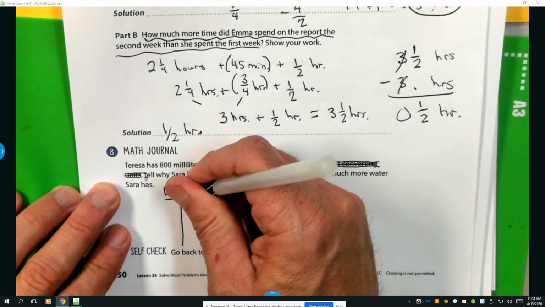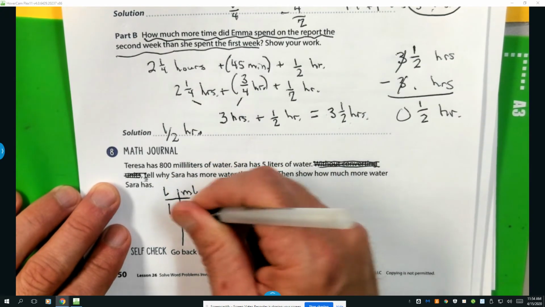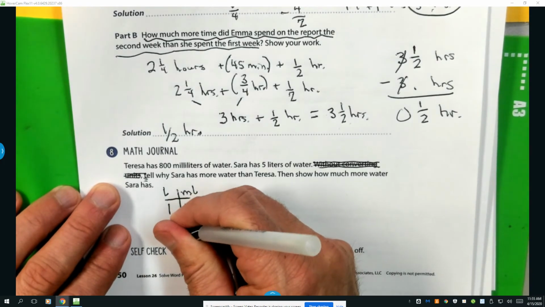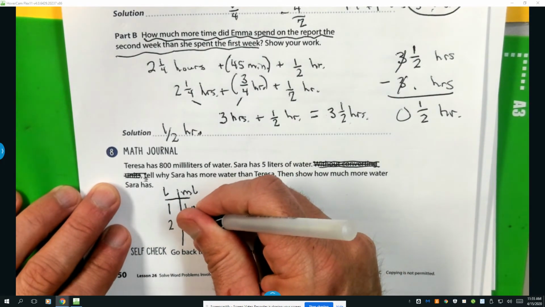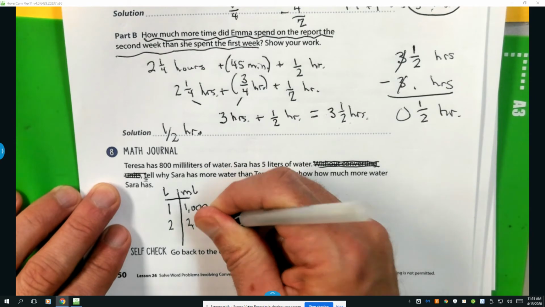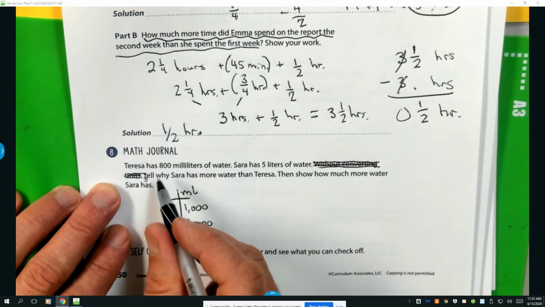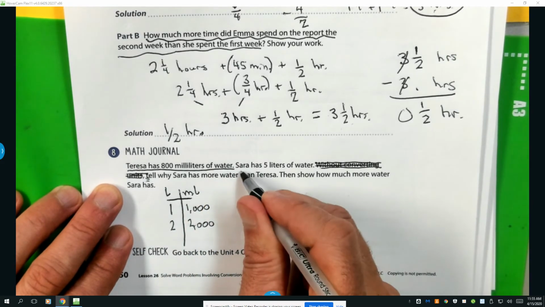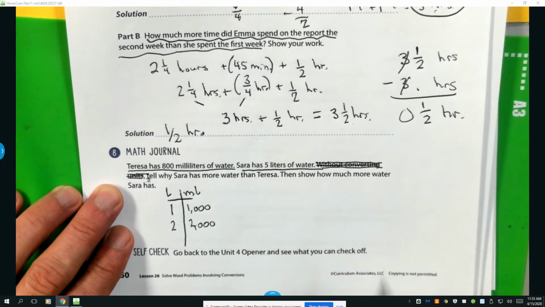So 1 liter is 1,000 milliliters, right? 2 liters is 2,000. But she has 800 milliliters of water. Sarah has 5 liters of water.